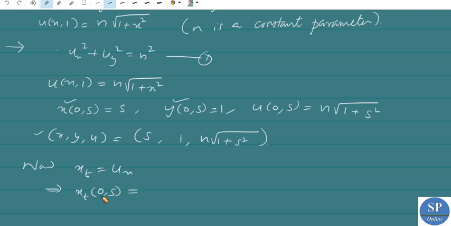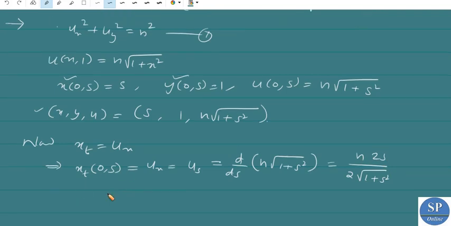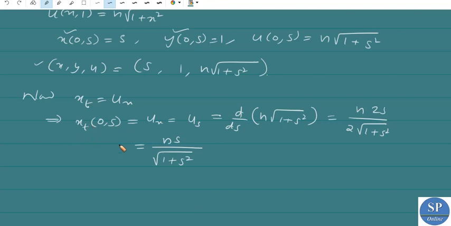So xt at the point 0, s is nothing but ux, which is us here, d by ds of n into square root of 1 plus s square, which is equal to n divided by 2 square root of 1 plus s square into 2s. Dividing by 2, we get n into s divided by square root of 1 plus s square. So this is the initial condition for xt.